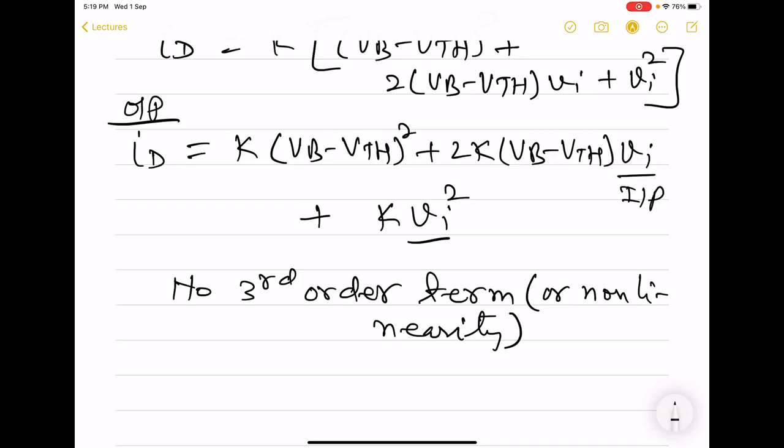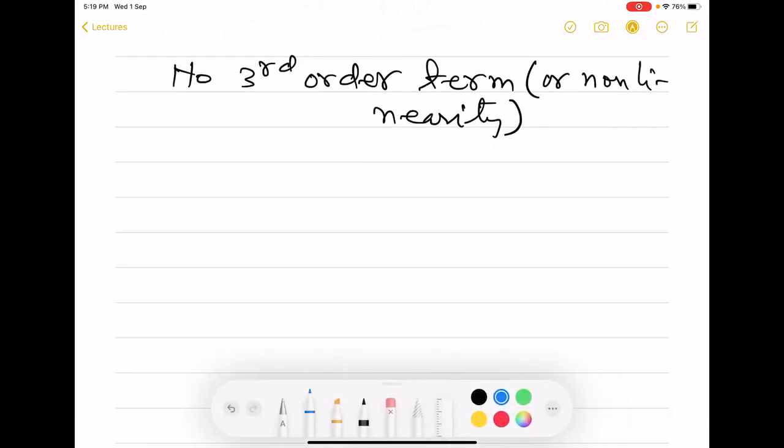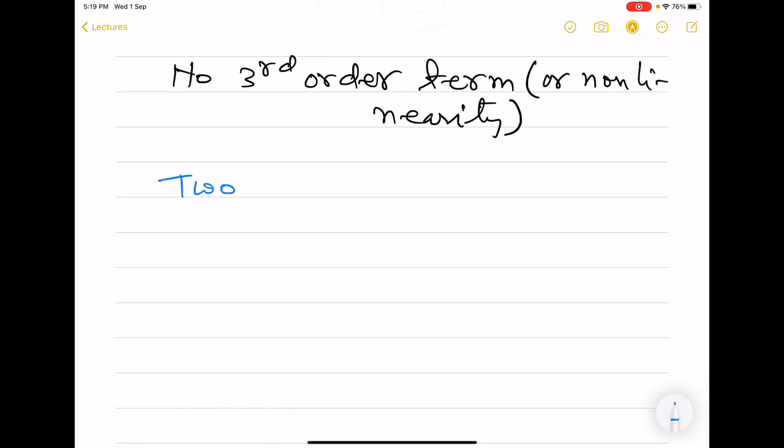So that will reveal to us that there is a third order nonlinearity present in the common source configuration. So that is one way. And the second way in which third order nonlinearity appears even with this simpler expression is if we go for the degenerated version of common source configuration.